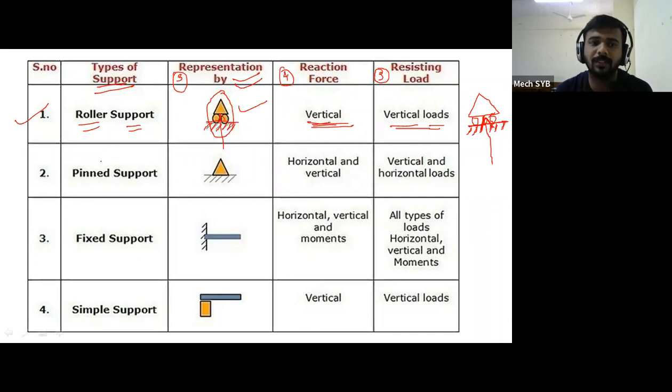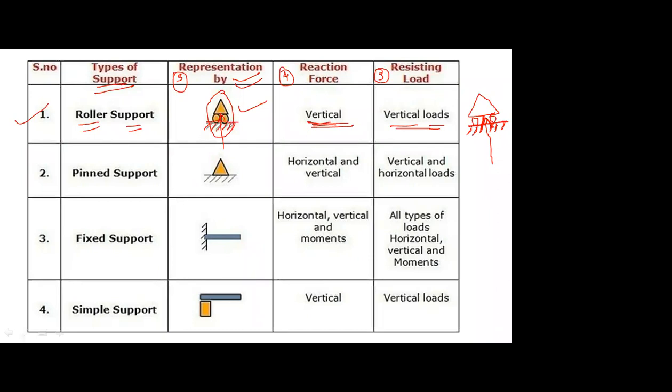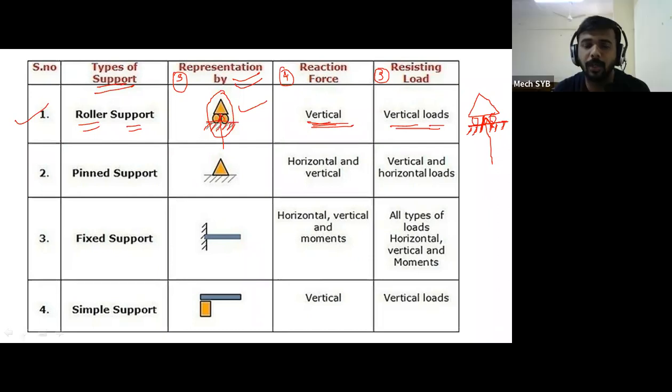Means we need to understand that if a roller support is given in a type of beam, then that roller support has only one reaction. Please keep in mind, the roller support has only one reaction, and it is in the vertical direction, and that reaction is always perpendicular to the surface. That means a roller support has only one reaction, which one? Vertical.